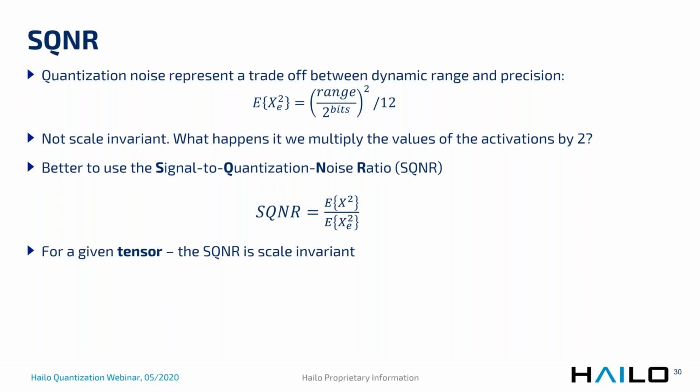The way to think about it is that we have a given range of real numbers that we want to transform into a quantized domain. The number of bins is determined by the number of bits. So if we have 8 bits, we have 256 bins, and these bins have to encompass the full range of the real domain.